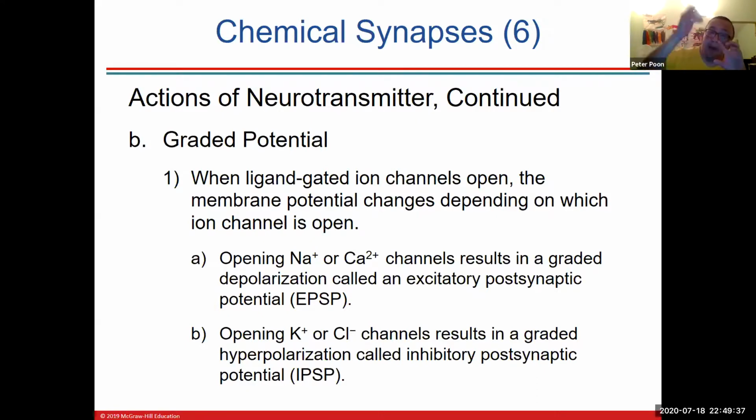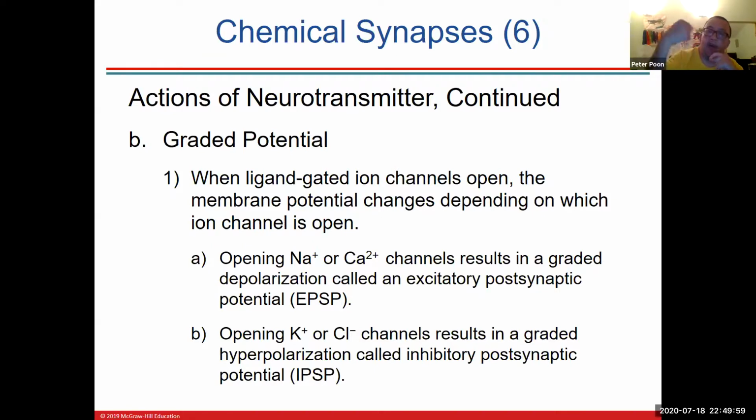When I open a sodium channel, positive charges come running into the cell and bring it closer to negative 55. So I'm exciting the neuron. That is an EPSP.